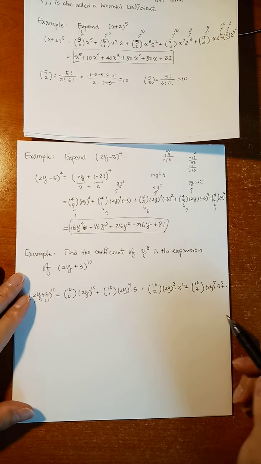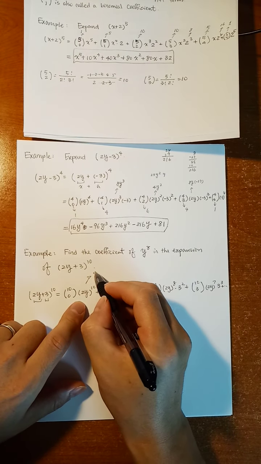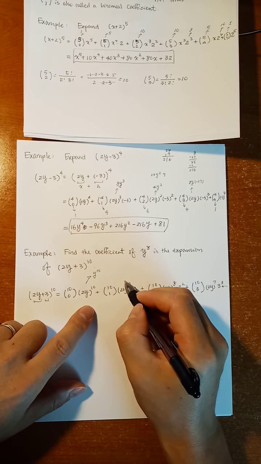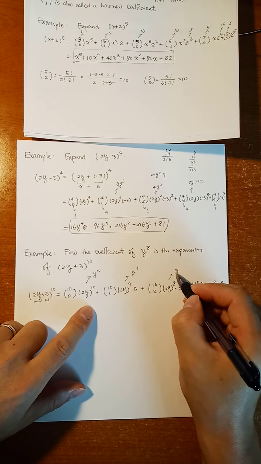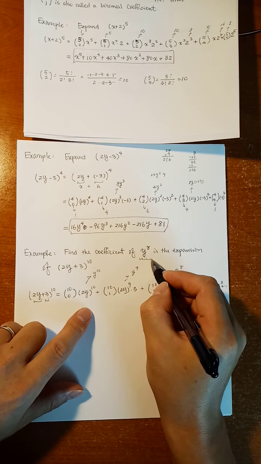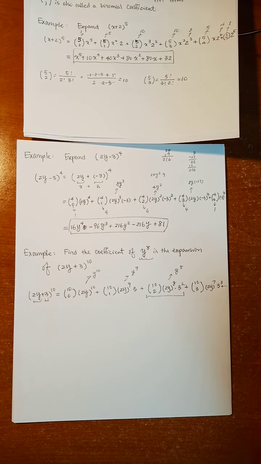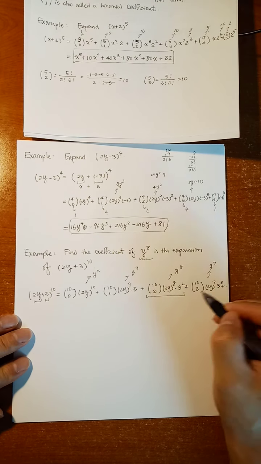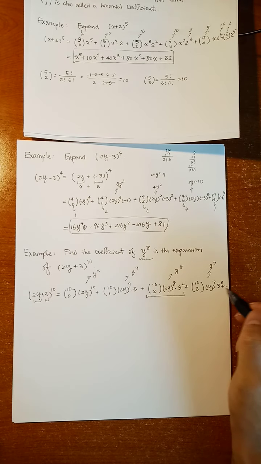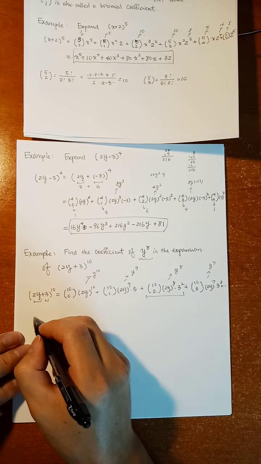After you write those terms, you will realize here you will have y to the 10th power, this term you will have y to the 9th power, and this term you will have y to the 8th power. We need y to the 8th power, so we will only compute or simplify this term. This term you will have y to the 7th power, but that's not what we are interested in. So we only check this term.